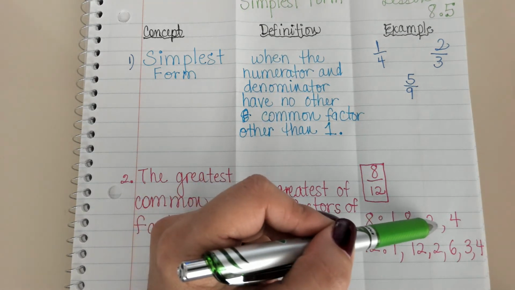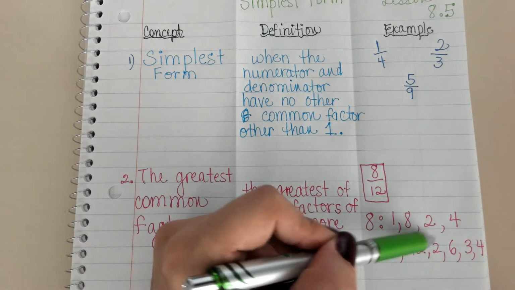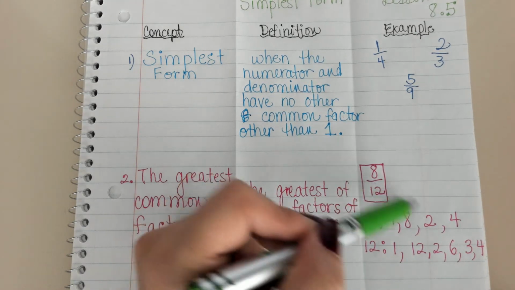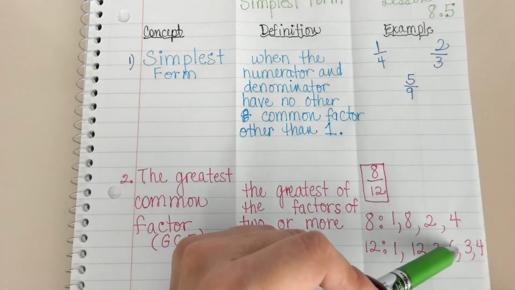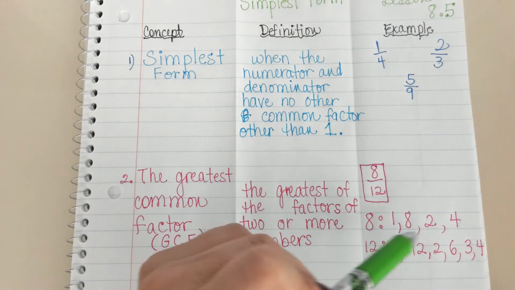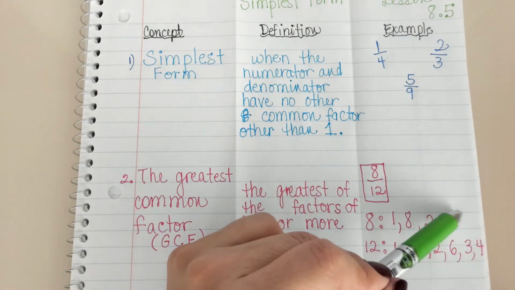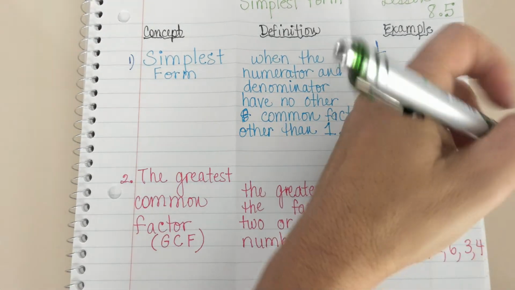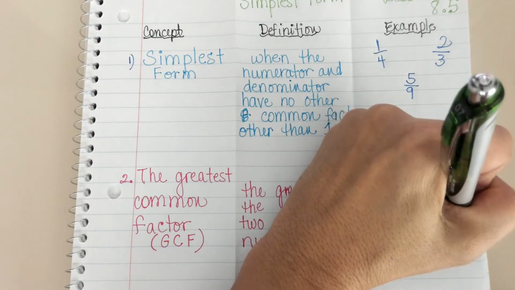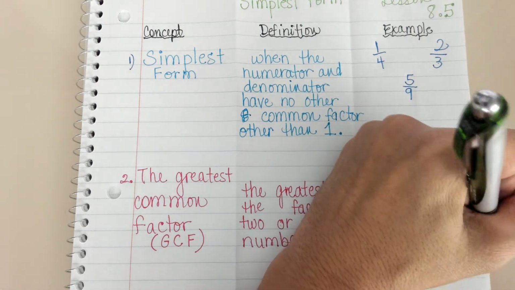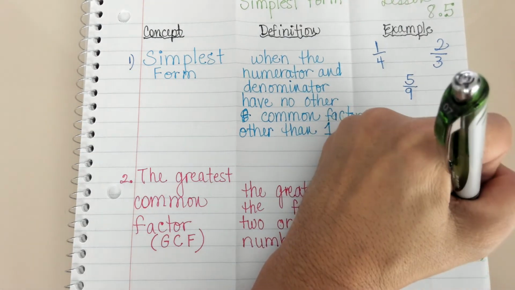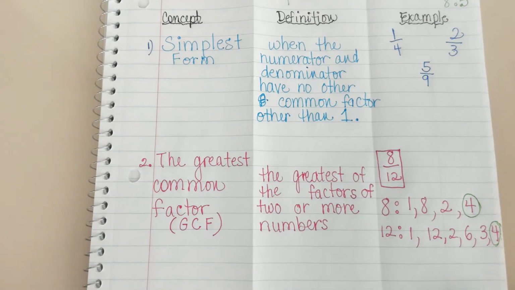The factor 2 is a common factor. Let's keep looking for bigger factors. Do they have 6 in common? No. So here it is. The greatest common factor they have is 4.